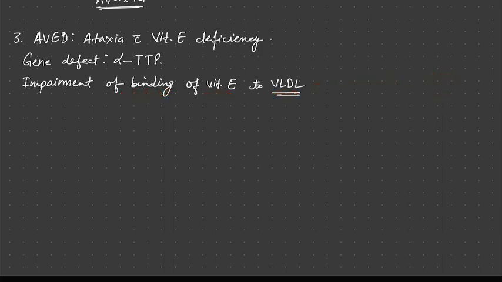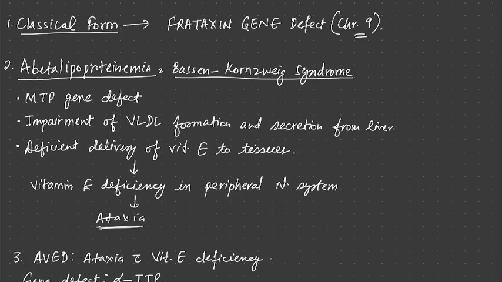Again, there will be deficiency of vitamin E in the peripheral nervous system, causing degeneration of peripheral nerves. This is how the two vitamin E deficiency syndromes are important in ataxia. One is abetalipoproteinemia, second is AVED. Right, this all is studied under the main heading of Friedreich ataxia.